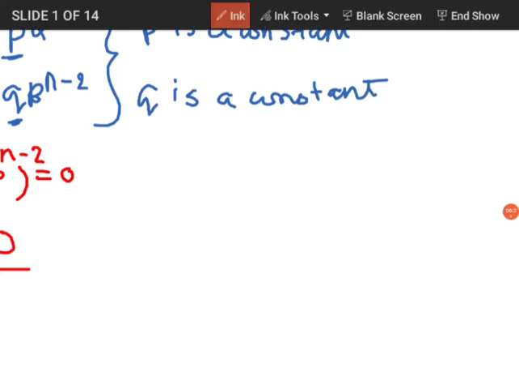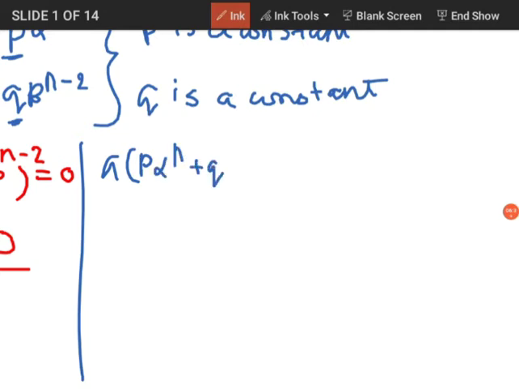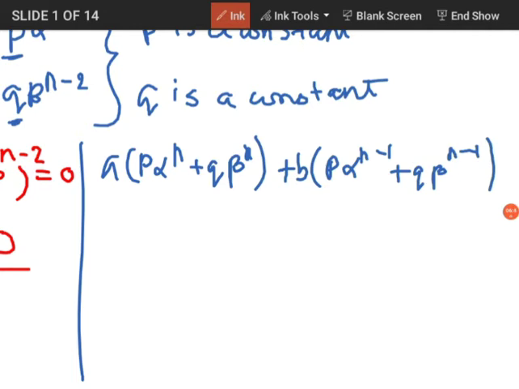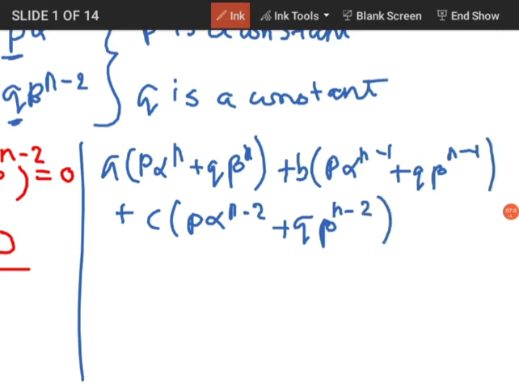So this would be a multiplied by p alpha n plus q beta raised to the power n, plus b multiplied by p alpha n minus 1 plus q beta n minus 1, plus c p alpha n minus 2 plus q beta n minus 2.